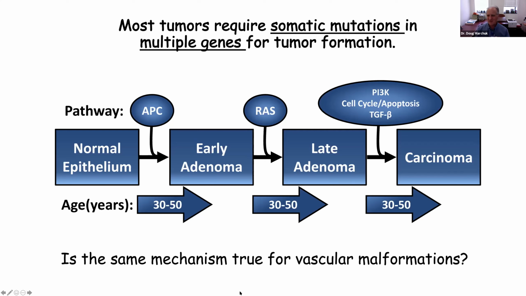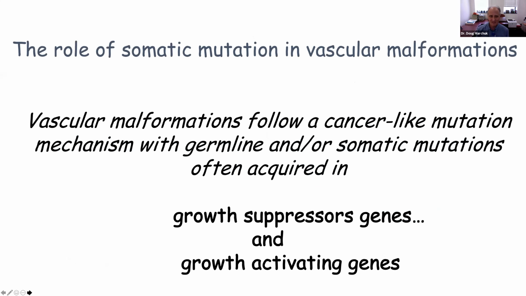Now, are vascular malformations, not in a cancer way, following the same multiple gene mechanism? And I want to point out something, that this works because ultimately there are some of those cells that have all these mutations in the same cell, and that's the aggressive cancer. Is this really happening in the vascular malformations?